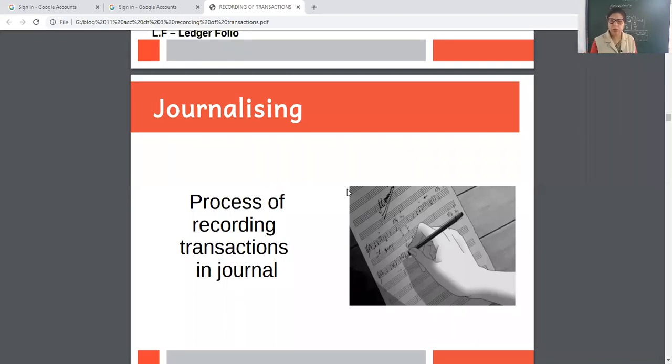Journal is a book of original entry in chronological order, and journalizing means the process of recording transactions.